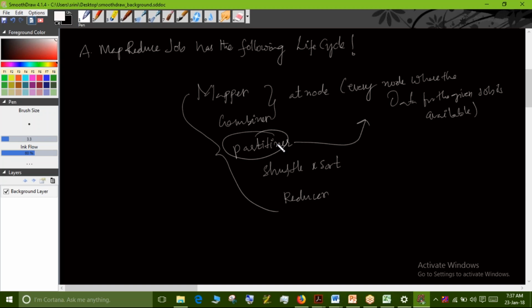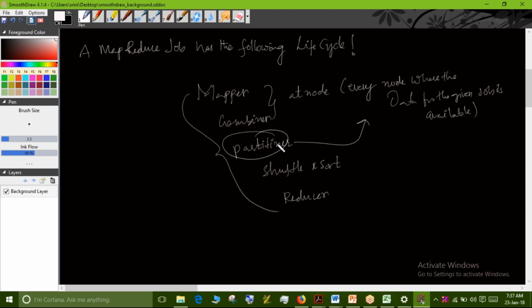That is all going to be decided by your partitioner. That physical transfer of the data from the nodes to the respective nodes for further processing is carried out by shuffle and sort phases or mechanisms. That is why the name shuffle.